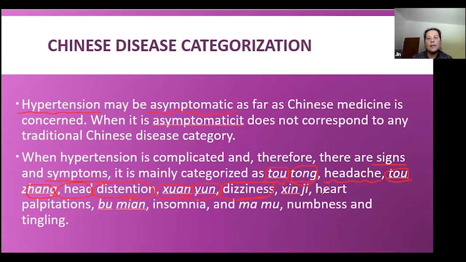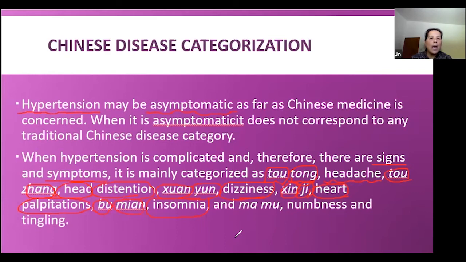And if there are heart palpitation symptoms, we call it 心急: 心 is heart, 急 is rushing, a rushing heartbeat, palpitation. Sometimes people with hypertension have difficulty sleeping, insomnia. We call it 不眠: 不 is not, 眠 is sleep, couldn't sleep.